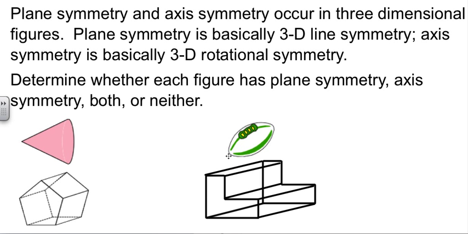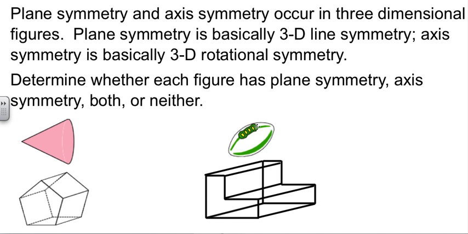Let's tangle with the football here. The football has plane symmetry because I can slice it from end to end, and the top half would match the bottom half. We're ignoring the stitching. Okay, ignore the laces on it.